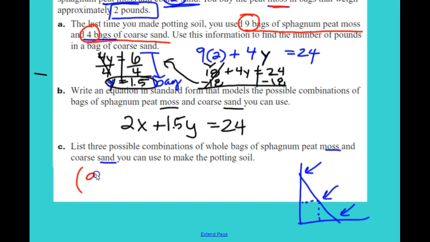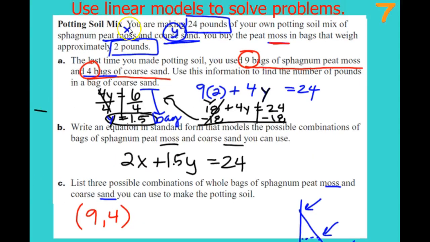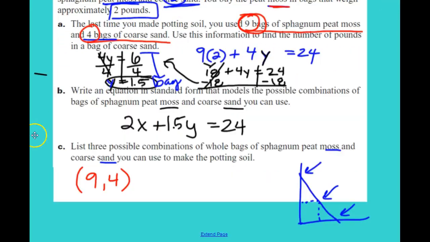X is 9 and y is 4, because we said x was the moss, which is here, 9, and y was the sand, which is 4. So this is one combination. So this would be like at the number 9, let's say these go by 3s, 3, 6, 9. We were up at 4, 0, 1, 2, 3, 4. That was one combination that got us to the 24.